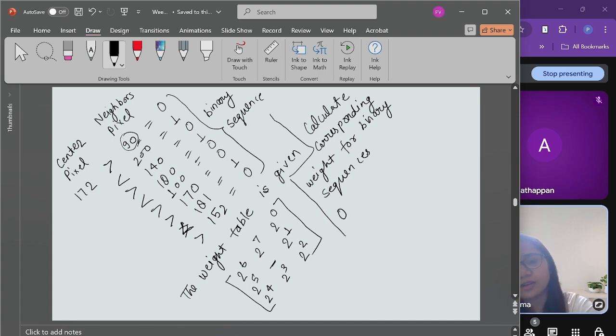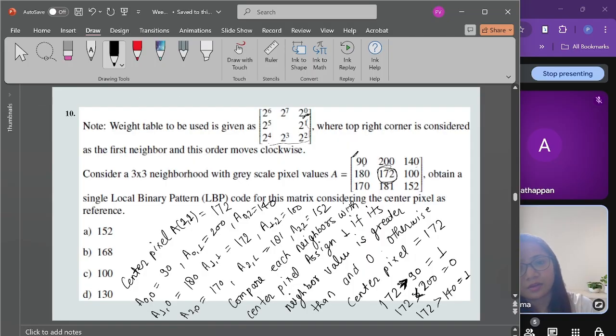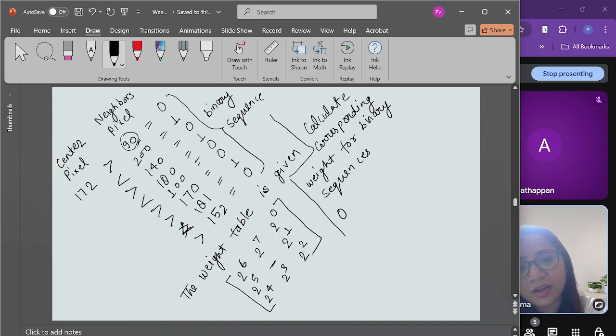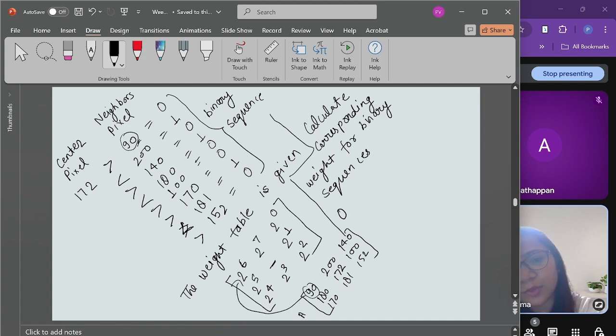And the corresponding weight with respect to that, this one is, right? I can write another table also so that we do not forget: 140, 180, 172, 100, 170, 181 and 152. This is the binary sequence for this one. So what we have allocated for 90 is 0, right? So 0, corresponding weight is 2 to the power 6.